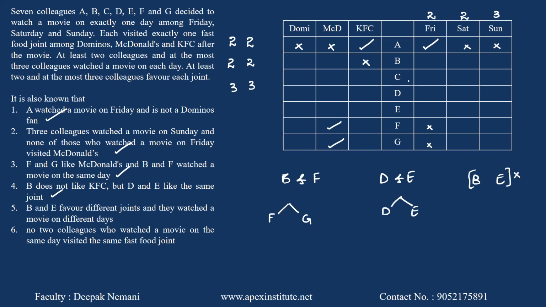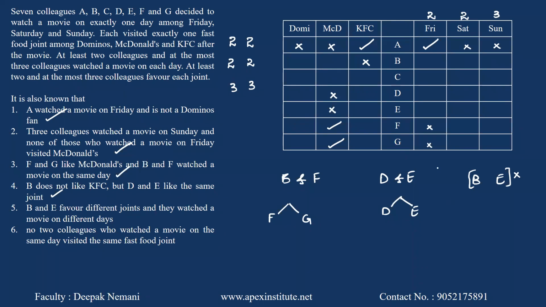Clear? Now D and E like the same joint, and that cannot be McD. Because if you have D and E both liking McD, then there would be four persons favoring McD, which contradicts the question. Okay, so this is the information that was given to us.